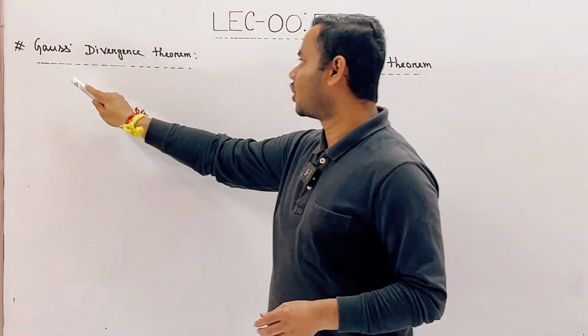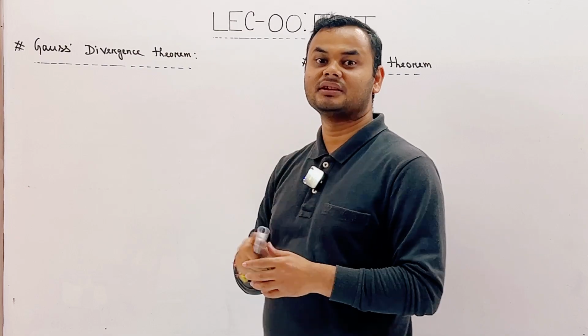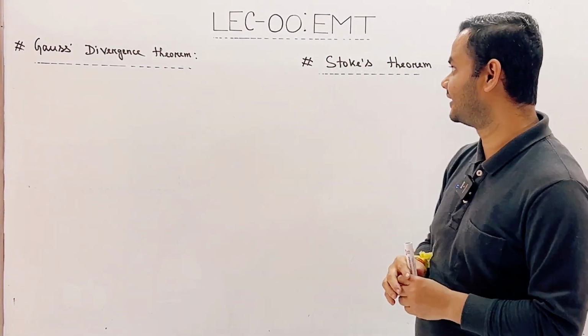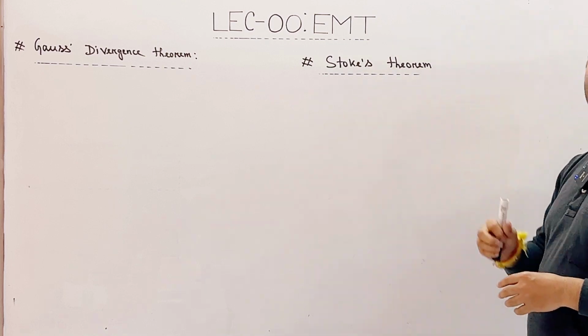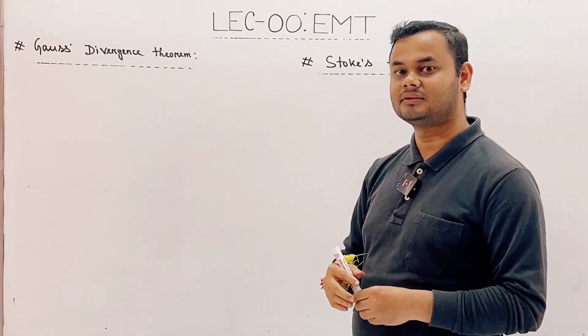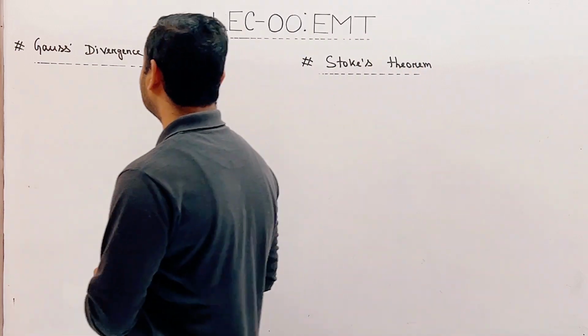Students, this Gauss divergence theorem gives a relationship between surface integral and volume integral, and this Stokes theorem gives a relationship between line integral and surface integral. Now, let me write these points.